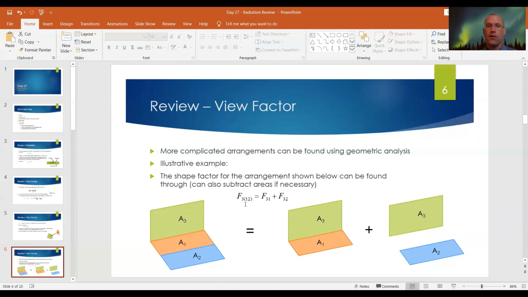So those are counted as one object, and I can find the view factor F3,(1,2) from the tables. I can find this one, F3,1, also from the tables. Then that's going to give me the one I care about, F3,2, by taking the original one, F3,(1,2), and subtracting away, so moving this F3,1 to the other side gives me the one I want. So more complicated geometries can be handled through what I call geometrical analysis.